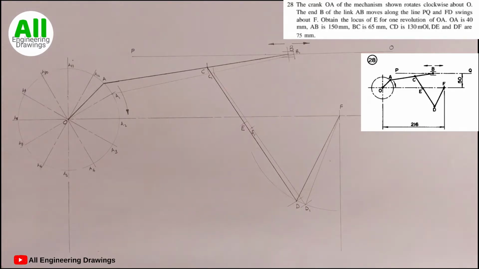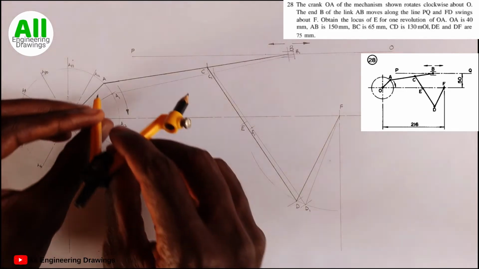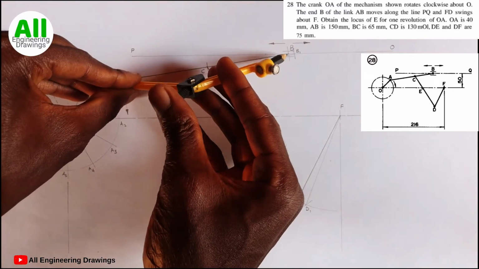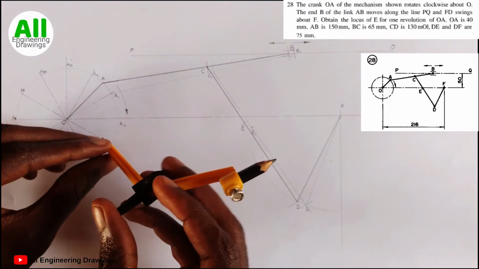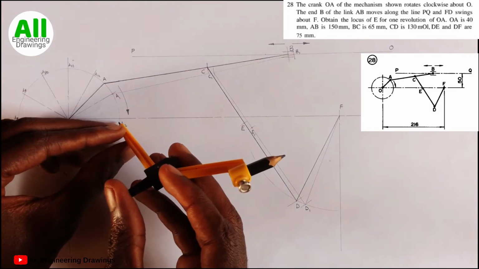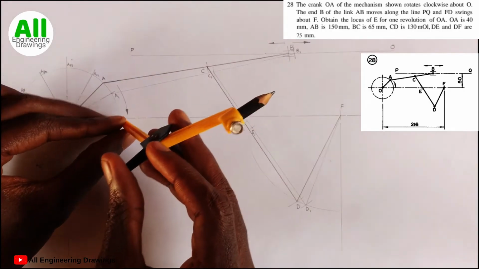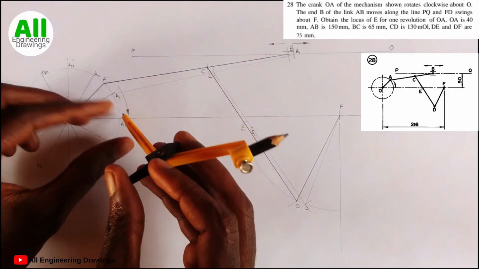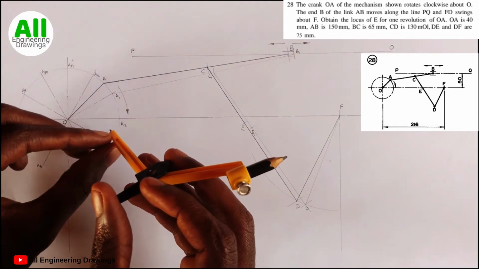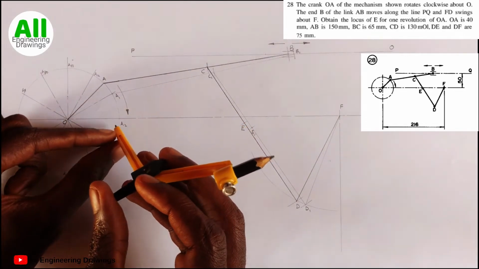So I will repeat the same procedure for A2. As usual, I will take the radius of AB. Then, in order to get my B2, I will place my compass on A2.